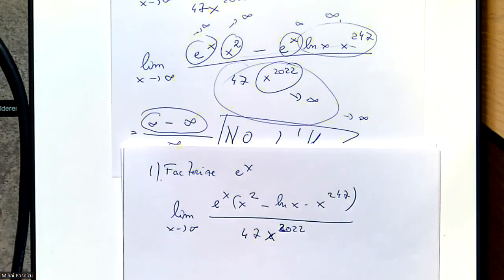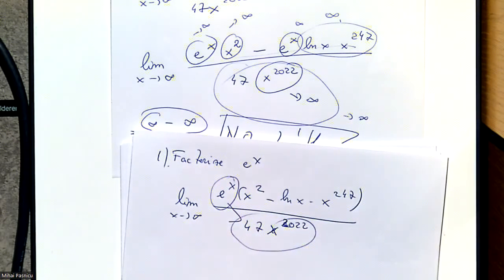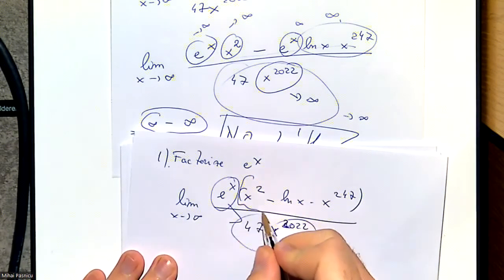Why does this writing make sense? Because the idea is that this e to the x is the dominant power. It's the thing that's going to dictate where my limit goes. This is much bigger than this thing. Exponential is much bigger than what's underneath.